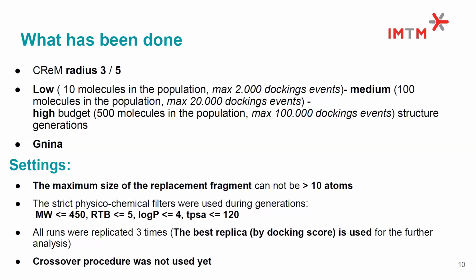All runs were replicated 3 times because the genetic algorithm is a stochastic algorithm, and the best replica by docking score was used for further analysis. We still haven't validated and checked our crossover procedure because we have some technical problems. It takes so long to fragmentize all molecules on each iteration. So that's in the plans for the future.